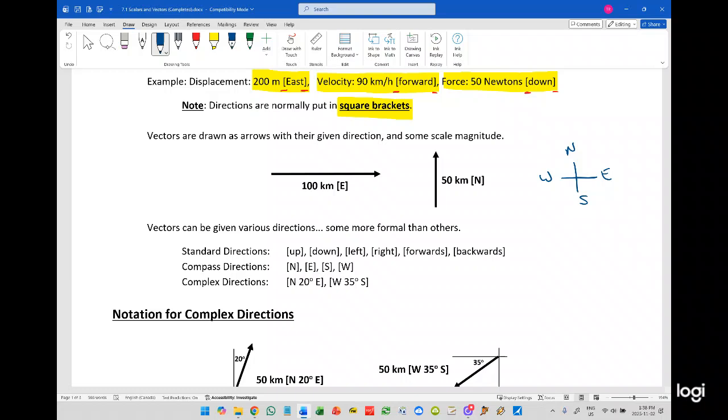To be honest with you, it depends on what application you're using to see which way you'll express the directions. So for instance, geologists, engineers, earth sciences, aviation, etc. They all use slightly different notations depending on their application.